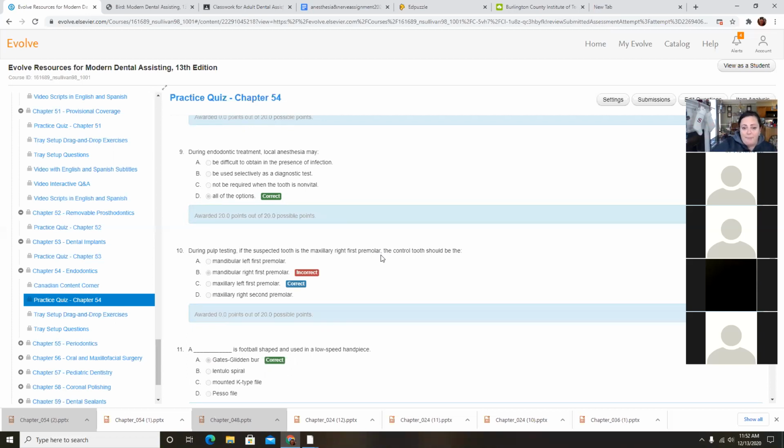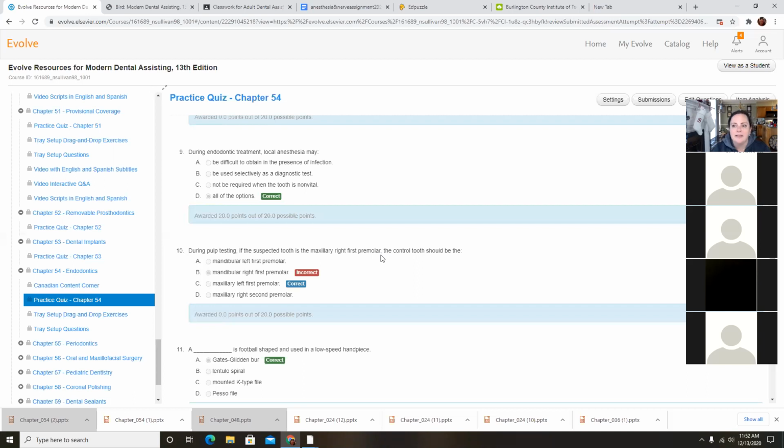If we were talking about a maxillary right first molar, what would our control tooth be? The maxillary left first molar.